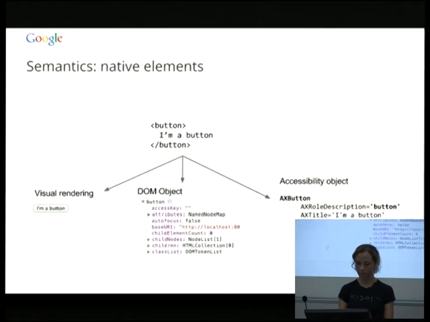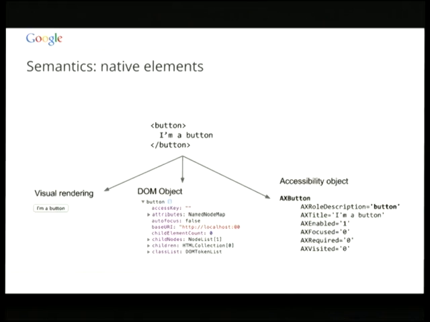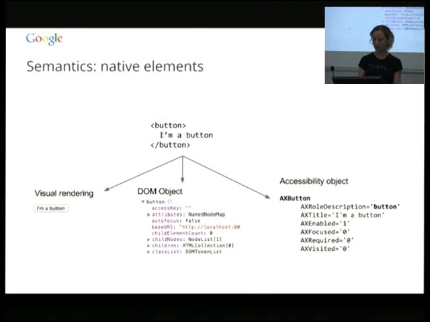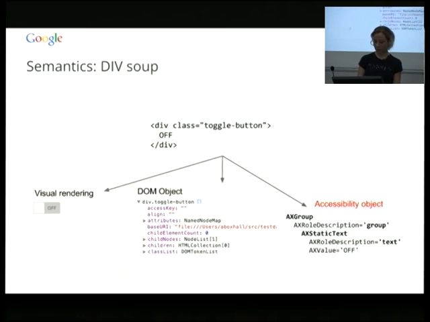So what we see there is when you have a native element, that's going to get translated into an accessibility object which makes sense to a screen reader. It's going to have a role, it's going to have the relevant states that the screen reader is interested in for that element. When we have this div soup situation, it's going to come up as something completely useless. So something that is not obvious what affordances it has. It may not even be possible to use a screen reader to click this thing.